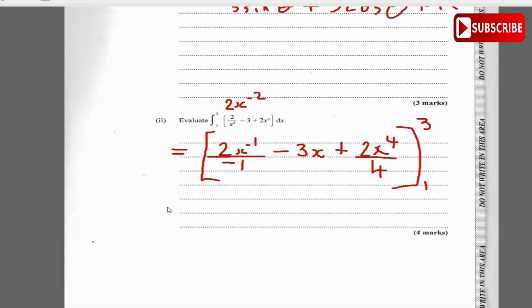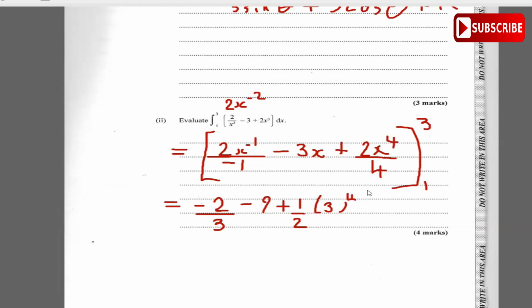So what does that give us? Plug in when x is 3 first. When x is 3, we get minus 2 over 3, minus 3 times 3 is 9, plus 2 over 4, which is really a half, of 3 to the 4th power.